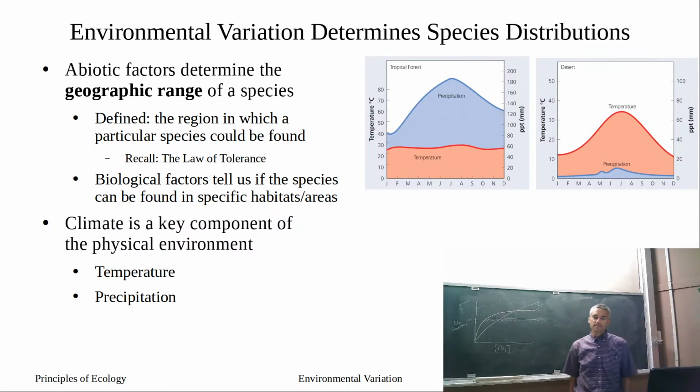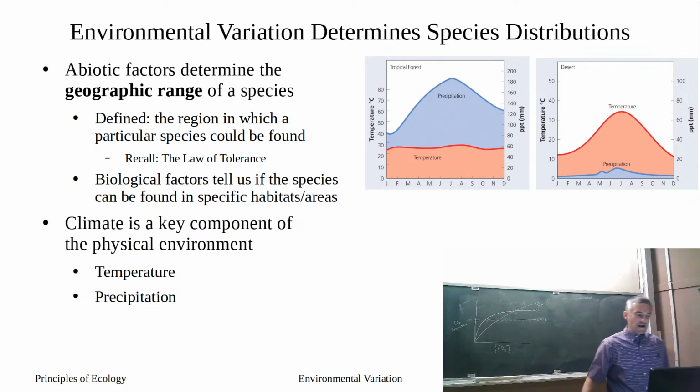So climate is a key component of the physical environment. It's a key component of our abiotic factors because the climate tells us the temperatures and the amount of precipitation that our organisms are going to encounter. So two major things.